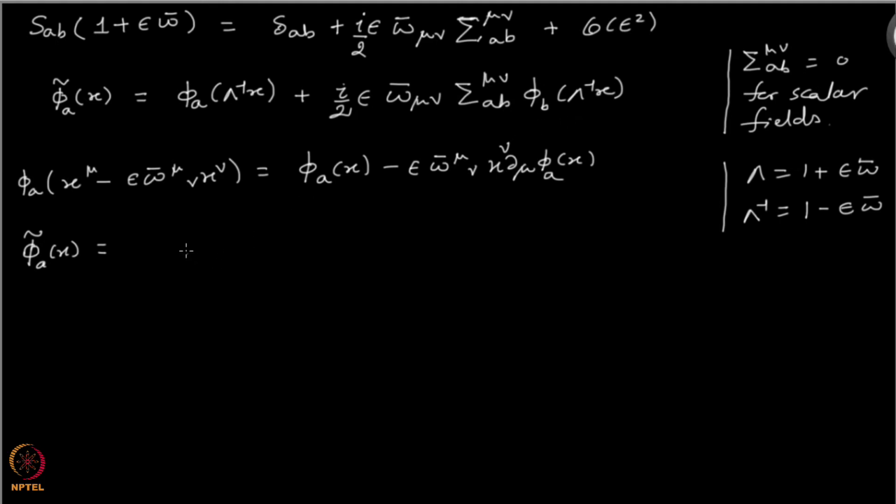Let me write down the answer, which you can easily derive. There is not much work in that, and then tell you one of the steps which will be needed. So, I am just collecting the order epsilon terms. So, this piece gives you this and this. So, phi a of x, and these two order epsilon terms I collect. Okay, so plus epsilon omega bar mu nu.